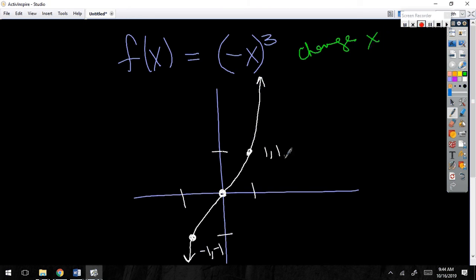So it's not (1, 1). It's not (0, 0). Well, it is (0, 0). It's not (negative 1, negative 1). It's reflected over y now.